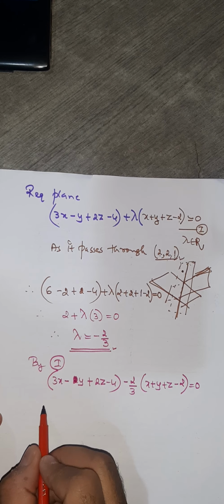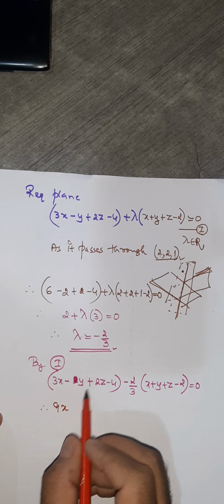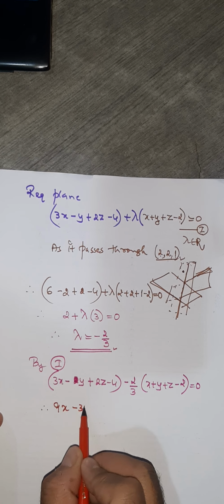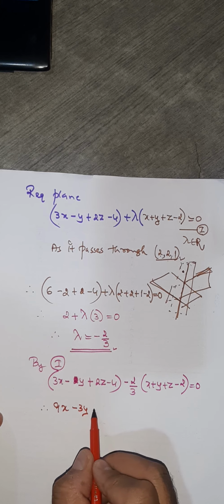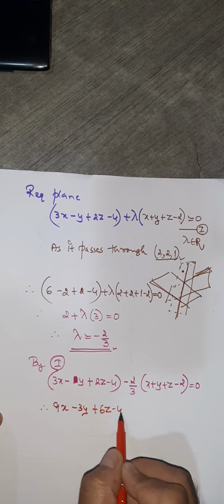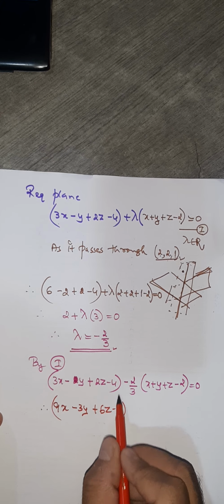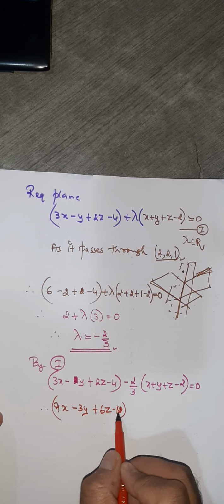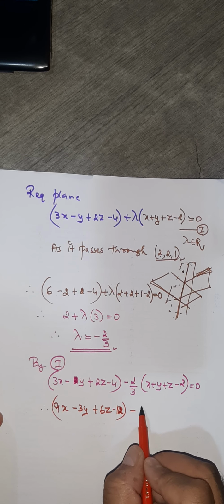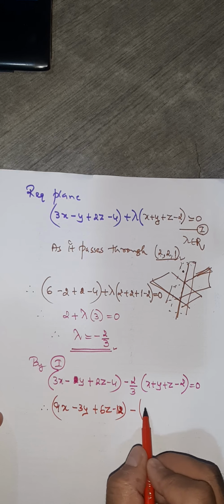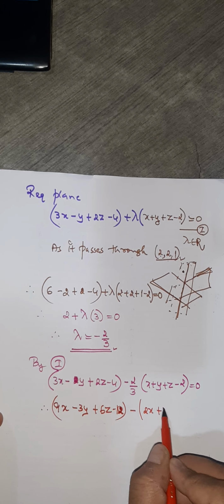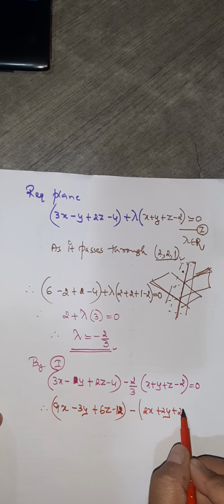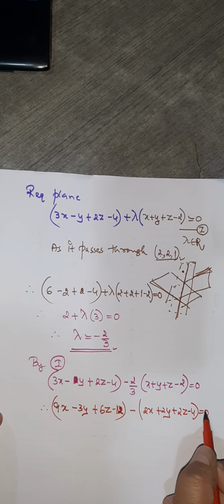So here you will get 9x minus 3y plus 6z minus 4. No, 3 fours are here, it is 12, sorry. So this is 12. And this is here 2x plus 2y plus 2z minus 4 equals 0.